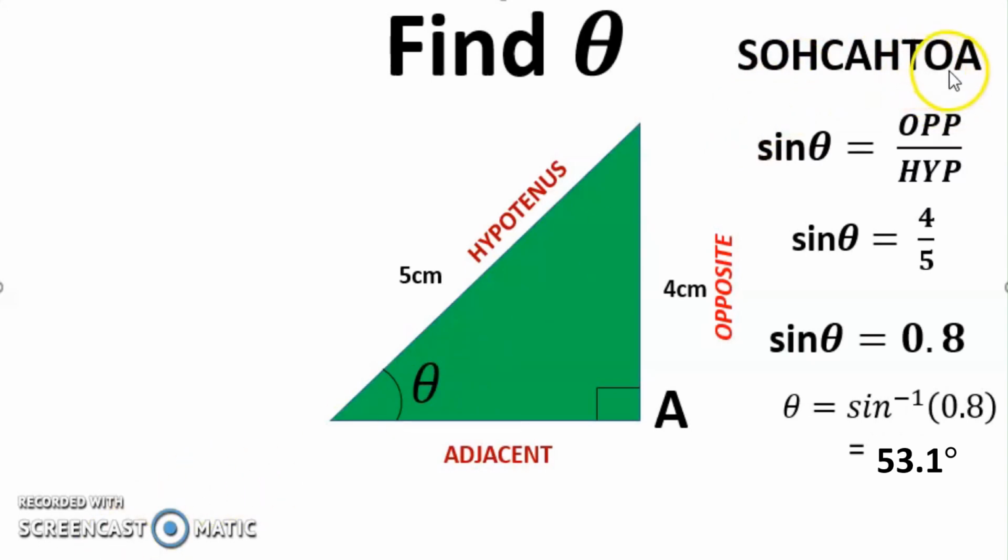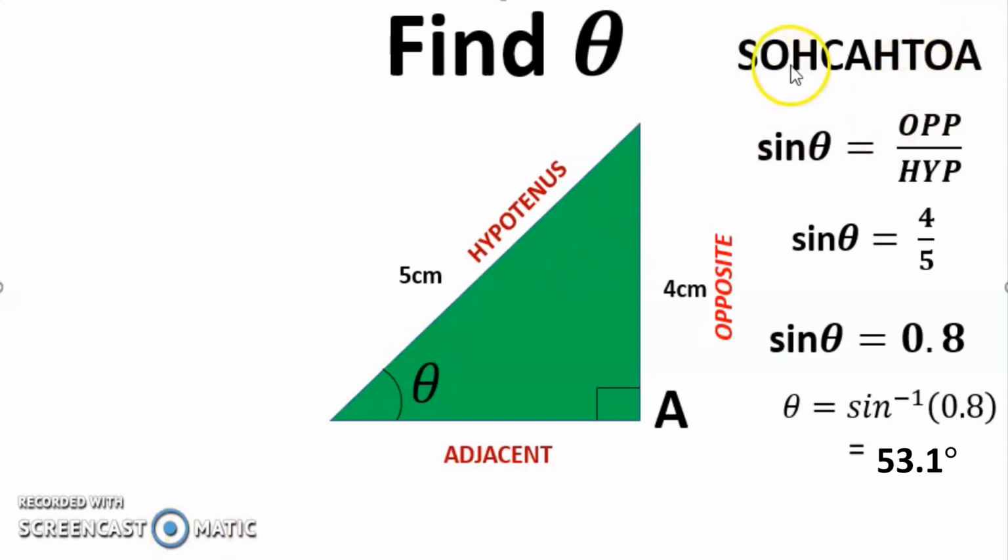We did not use TOA because in tan theta, theta is not known, opposite is known, but adjacent is not known. We must know 2 out of the 3 parameters. Therefore, we did not use TOA.